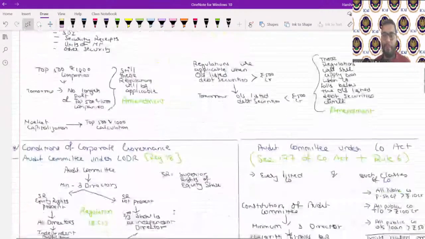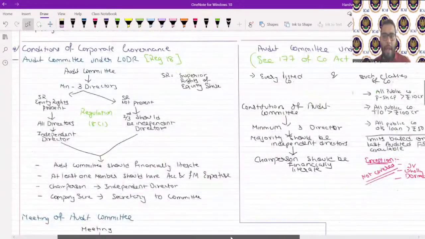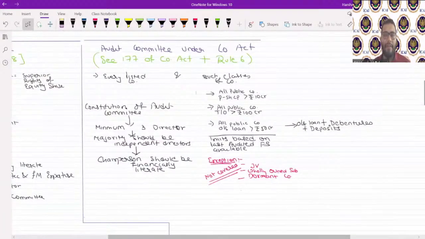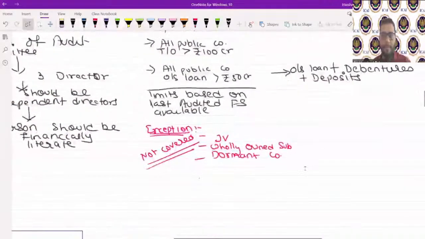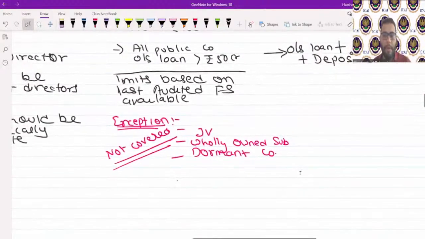So this was about the audit committee under section 177 of the Companies Act and Rule 6. I hope I'm clear. Then, functions of the audit committee.